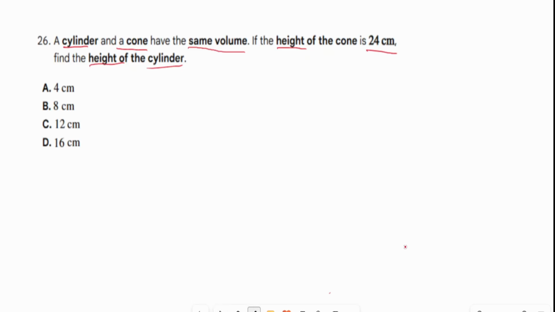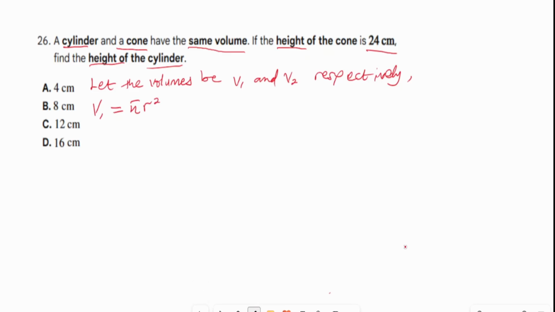Now, if we let the volume of the two be V1 and V2 respectively, then V1 will be the volume of a cylinder, which is pi r squared h. Maybe let's call this one h1 since they have different heights.